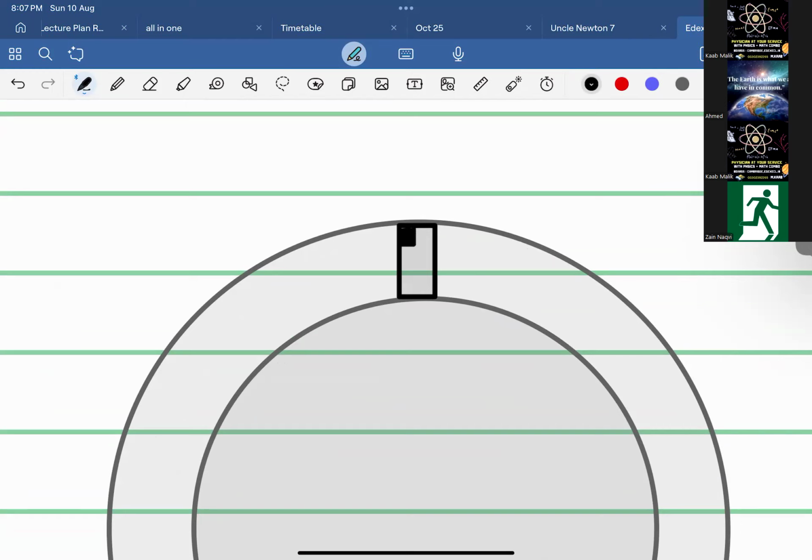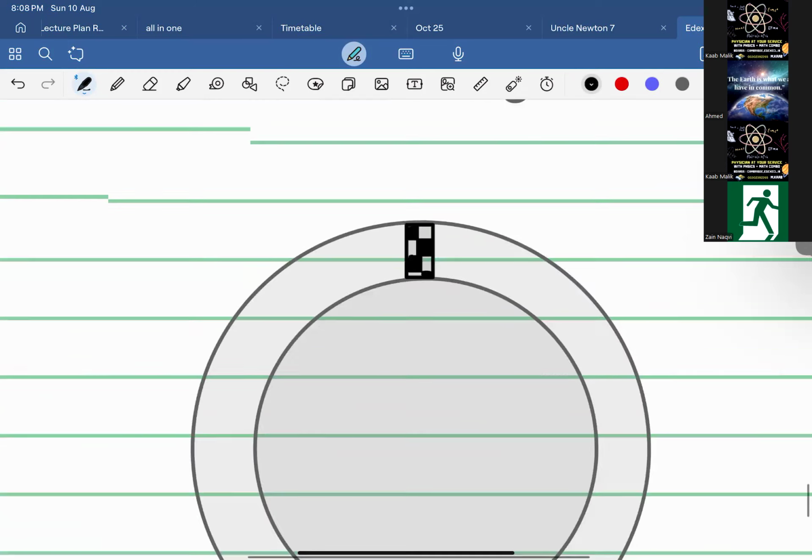Let's say this is the starting position, and somebody starts from this position and ends up at the same position, and let's say this track is 100 meters long.